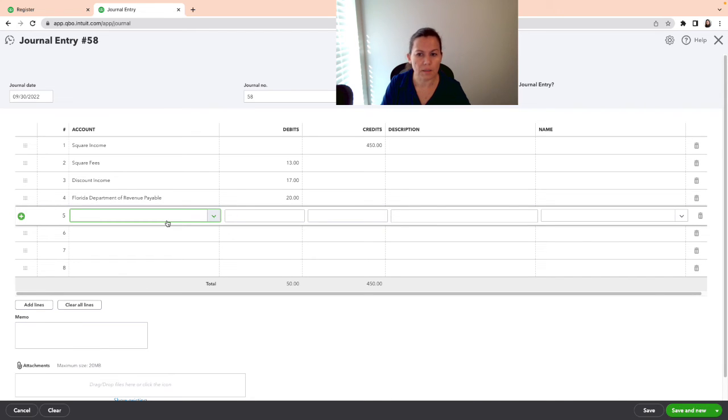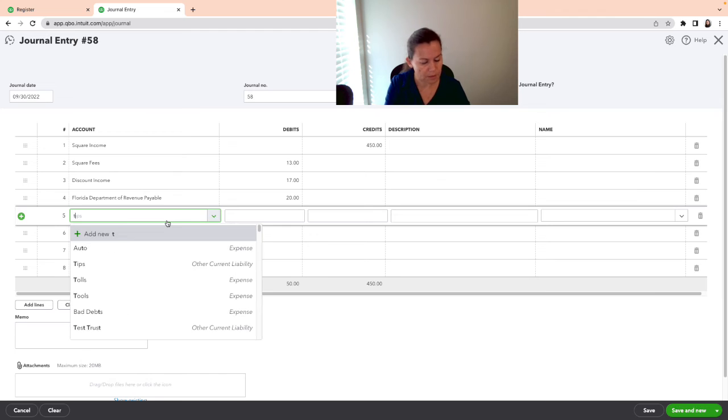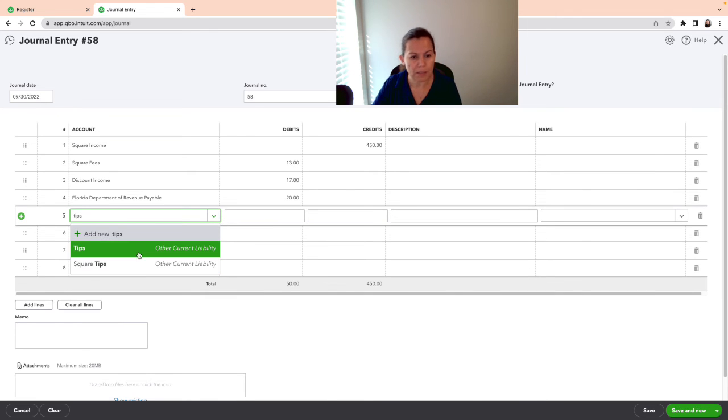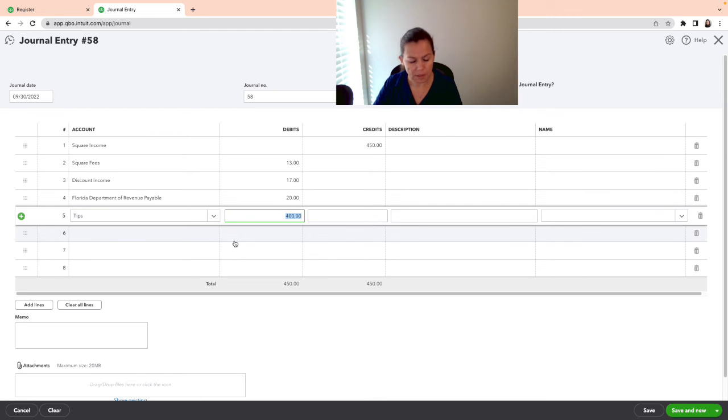And then I have tips. Now tips is gonna go to the balance sheet, by the way. And the tips, let's get a calculator here. I would have those numbers specifically in the transaction that I send, right?